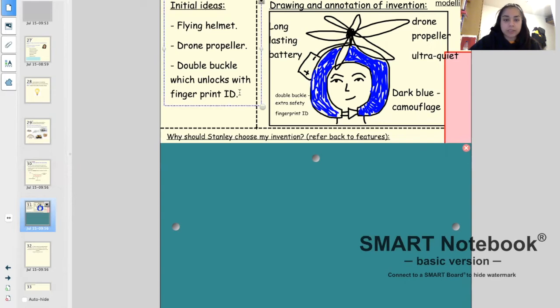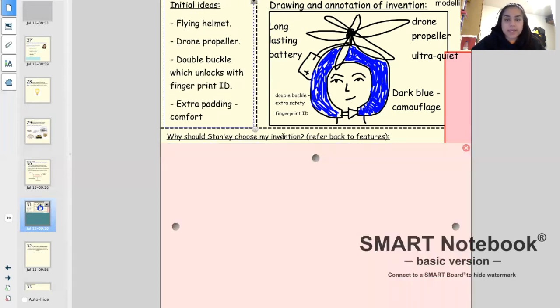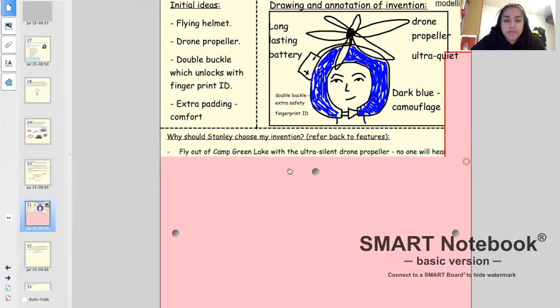Oh, I'd actually want to add this, because you can't see it on my drawing, extra padding, and so it's comfy for comfort. Okay, so those are my initial ideas. Oh, it keeps changing color. Okay, so here's my first point that I've made, that he will.